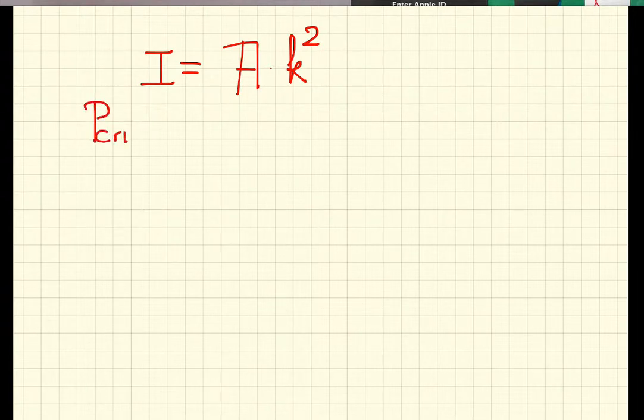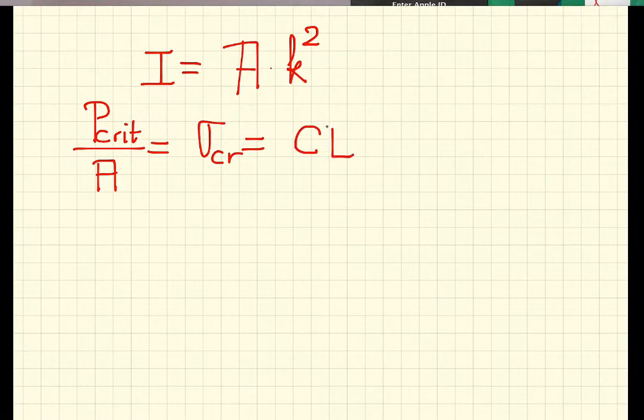So with that, I can now write the Euler equation in a slightly different form. I can write it as P critical over the cross-sectional area, which I would call the critical stress, and that would be equal to the end fixity constant times the elastic modulus times pi, and instead of L squared, it is L over K, squared.